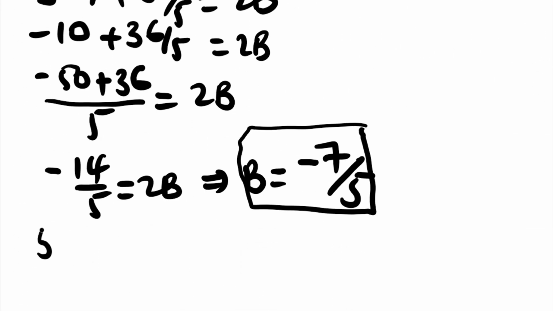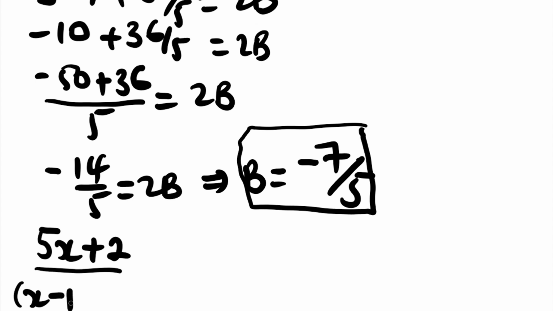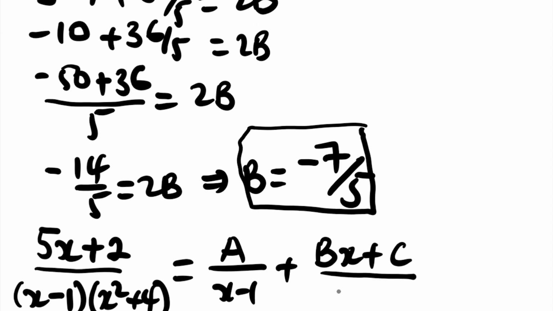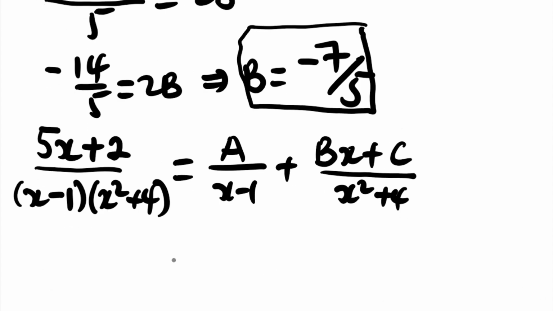So we know that it's 5x plus 2 all over x minus 1 multiplying x squared plus 4. This what we had is equal to a over x minus 1 plus bx plus c all over x squared plus 4. But we know the values for a and b already.